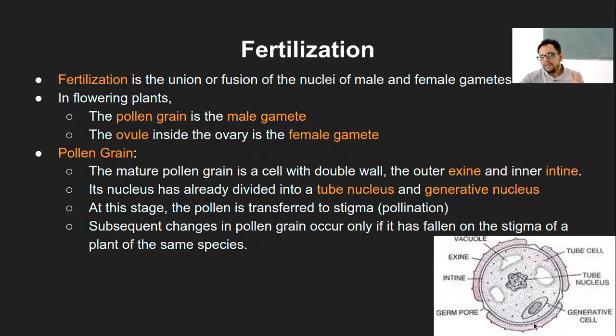So that is the exine, intine, germ pore, tube nucleus, and the generative nucleus. This diagram has labeled it wrongly. It's not generative cell, it is generative nucleus. There cannot be a cell inside the cell. So this is the generative nucleus and not the cell. Just make a note of this. Otherwise, the rest is fine.